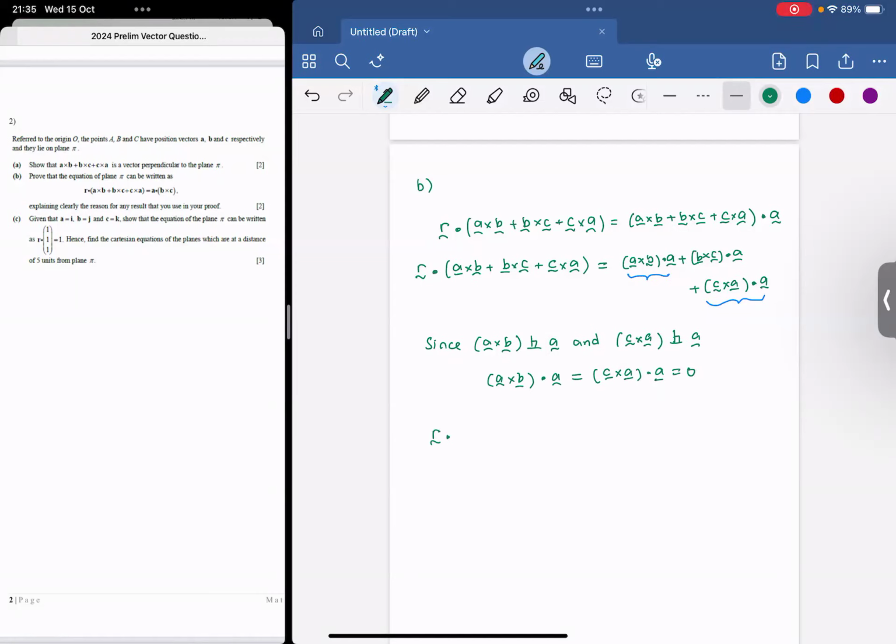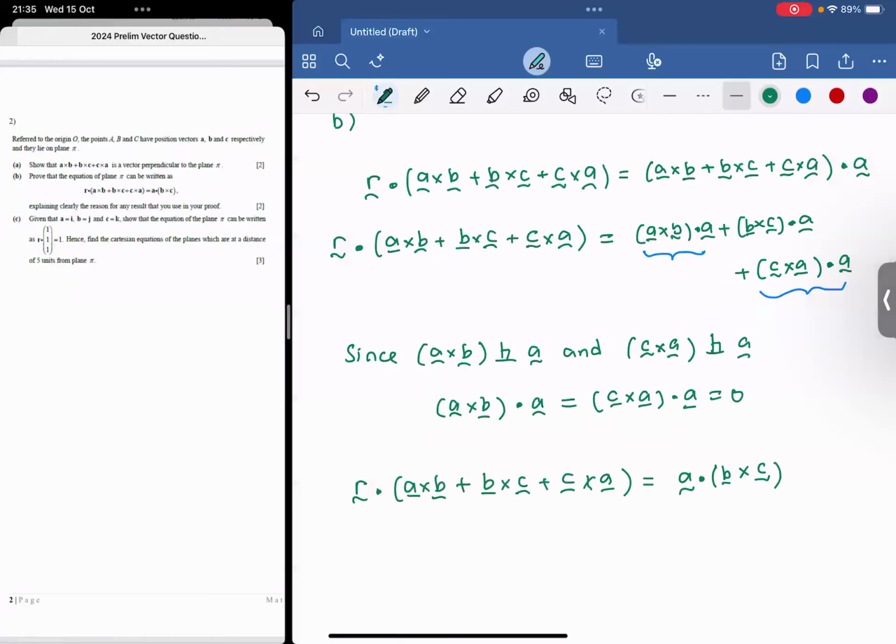Then you have what they want. Okay, any question? No? A bit complicated. You must really know your concept very well.